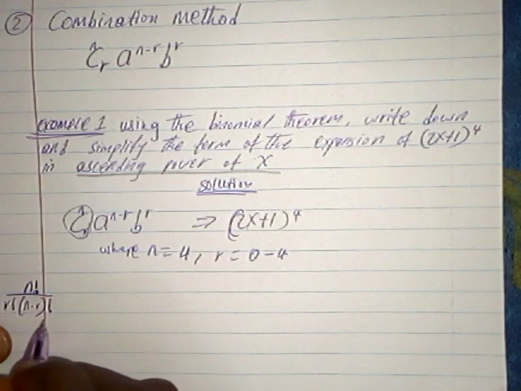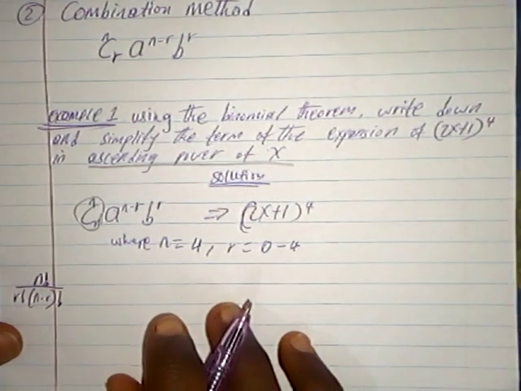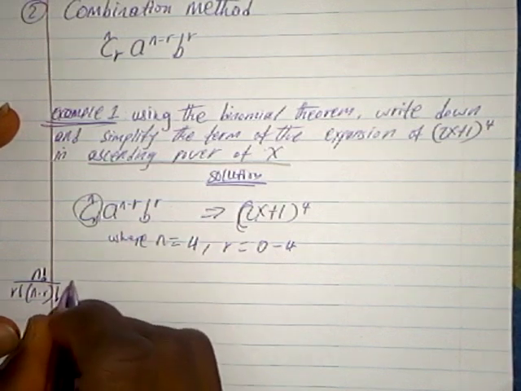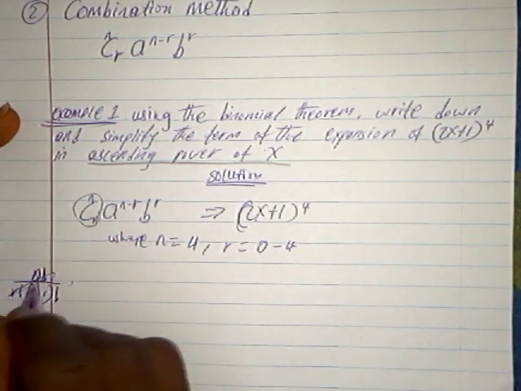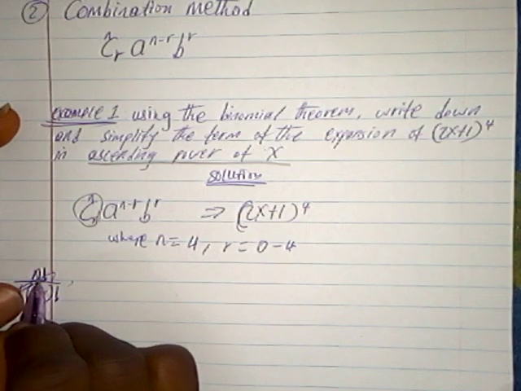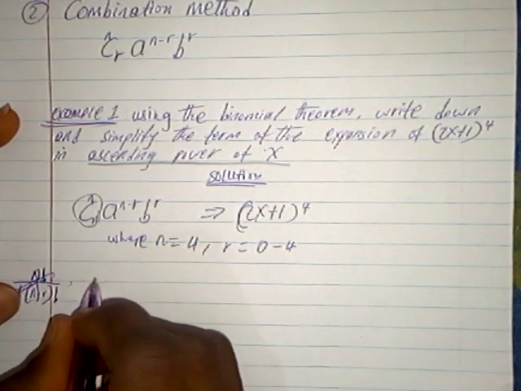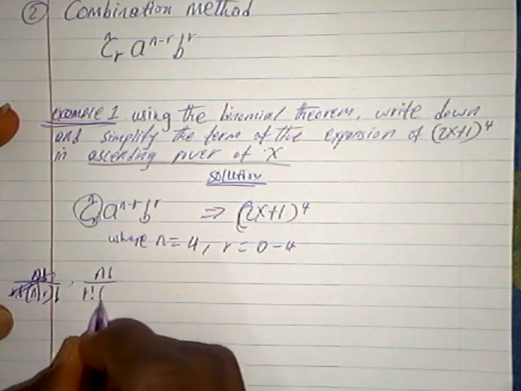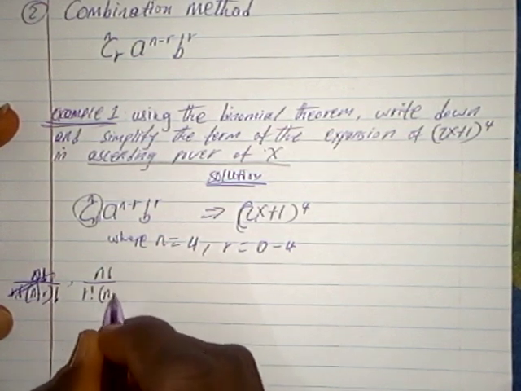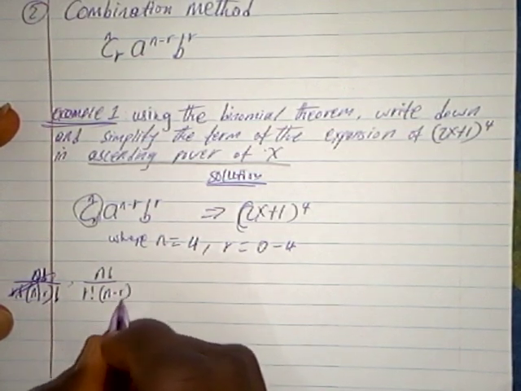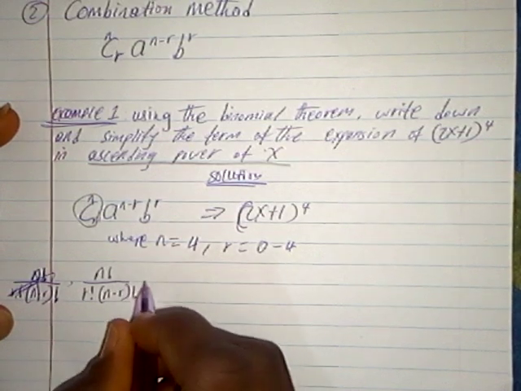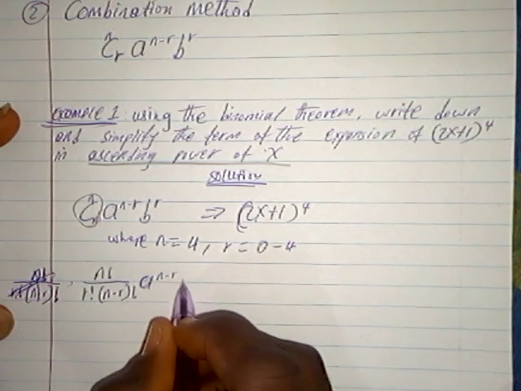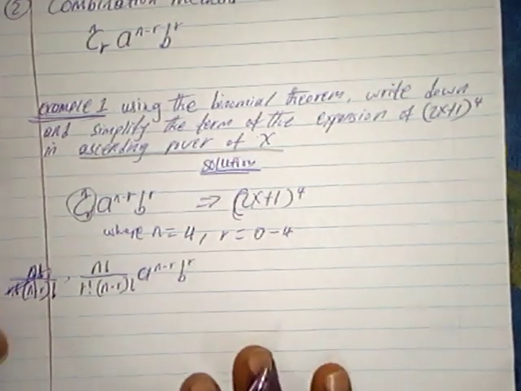You see how I did it? So it's supposed to be n factorial upon r factorial, bracket n minus r factorial, a to the power n minus r, b to the power r.